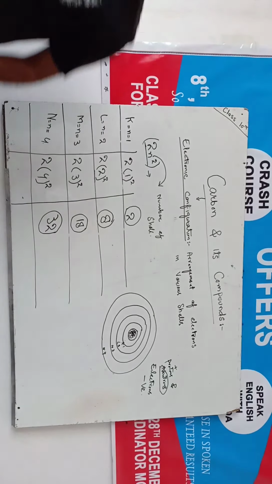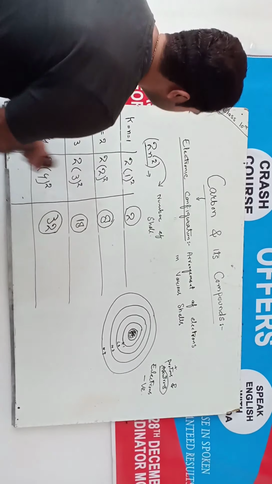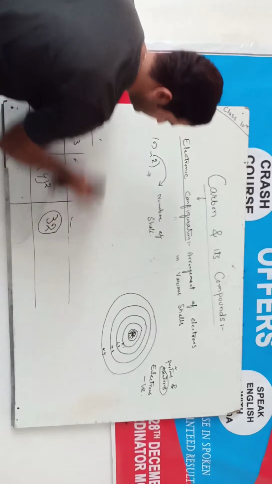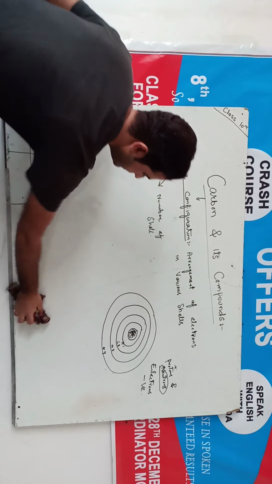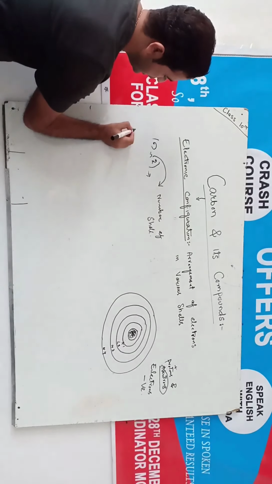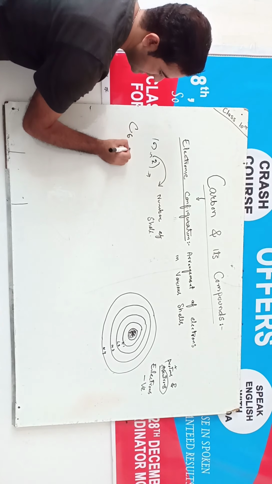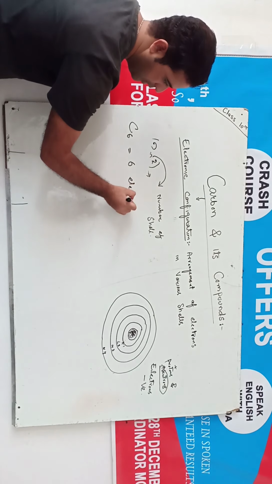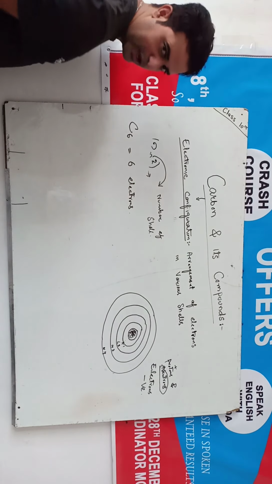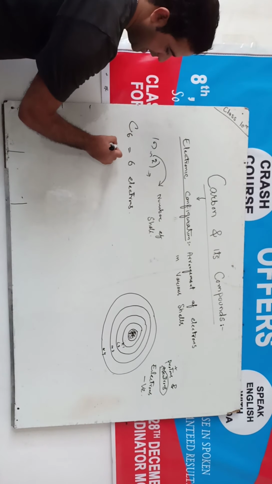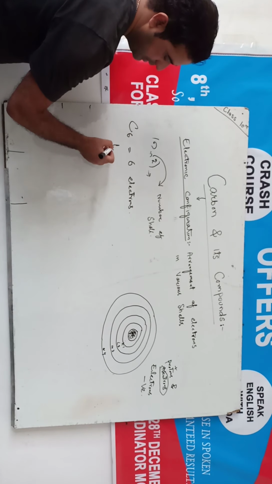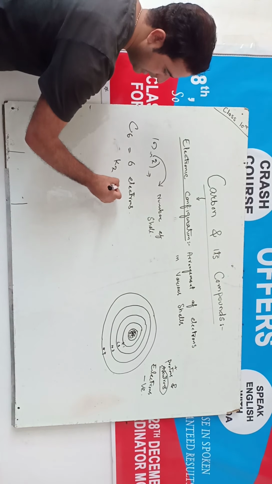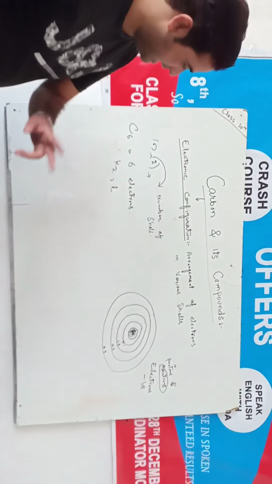Now we will apply this 2n square rule to carbon. Here the atomic number of carbon is 6. That means carbon has 6 electrons. Now applying the 2n square rule, K can accommodate 2 electrons, L can accommodate a maximum of 8 electrons.